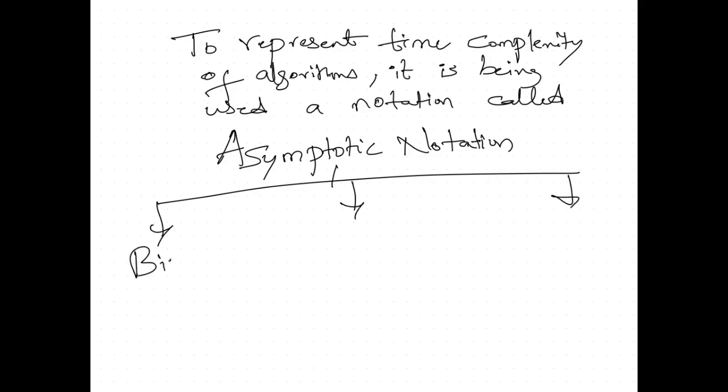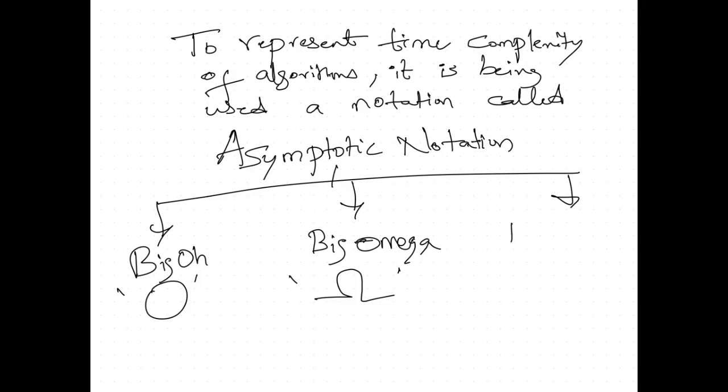First one, big O, denoted by this particular symbol. Next, big omega, represented by this particular symbol, and big theta, represented by this particular symbol.